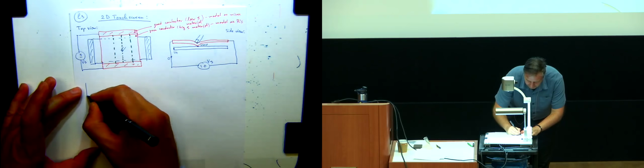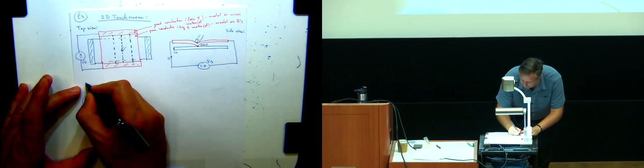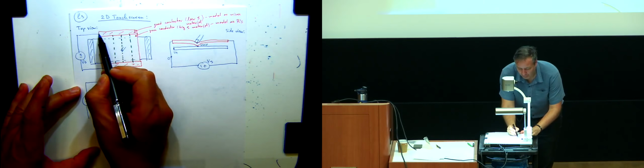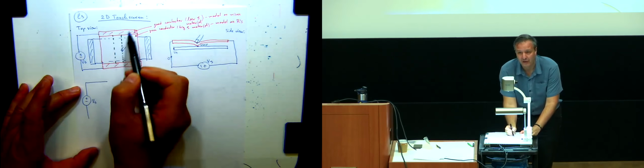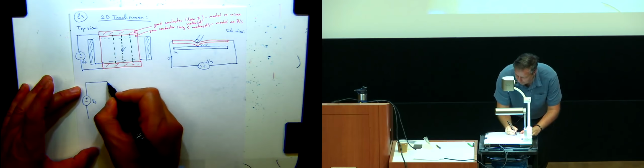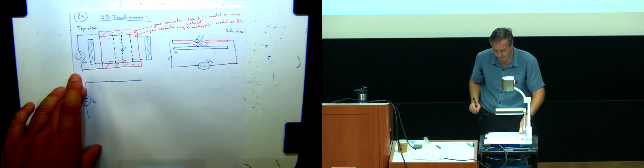So I have my minus Vs. I come to here, and now I model this whole piece as a wire, right? We said that we're going to do that because it's a good conductor. So I'm just going to have that piece as a wire.